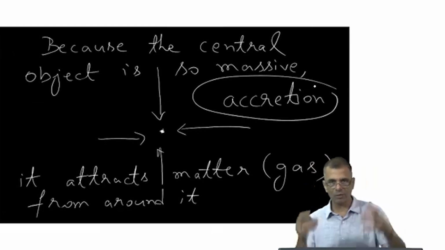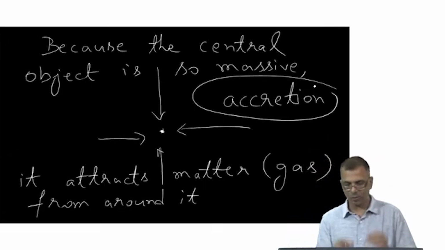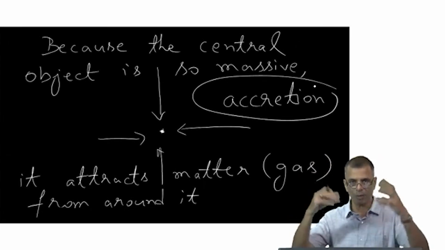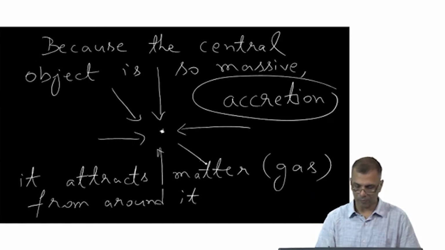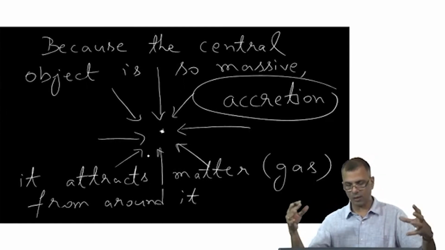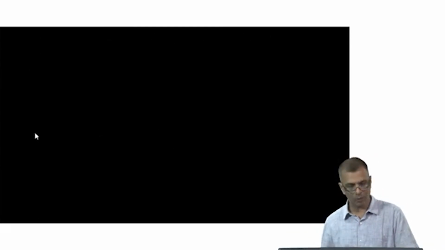Accrete means to accumulate. So because the central object is so massive, it attracts matter from around it, causing it to accrete. We will consider the special case of spherical accretion.